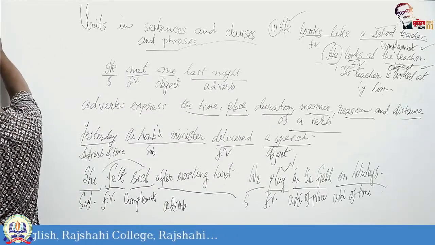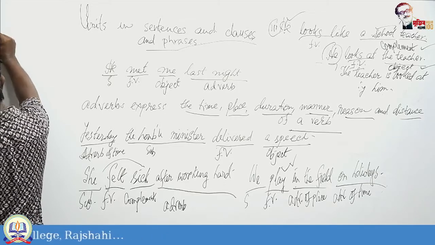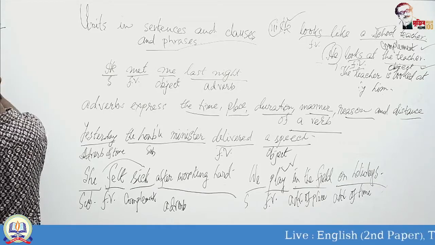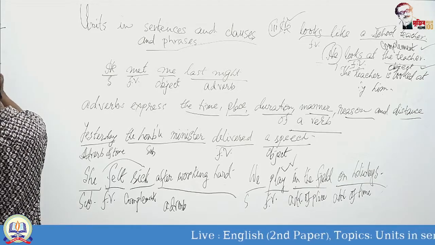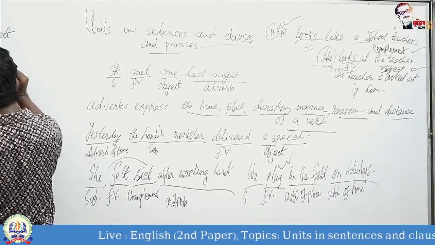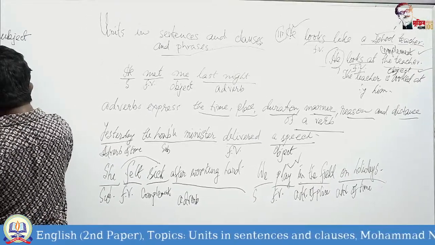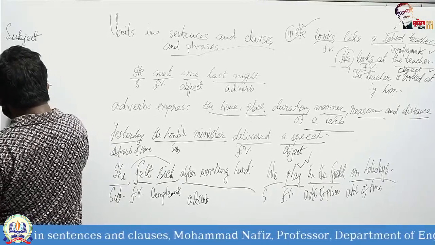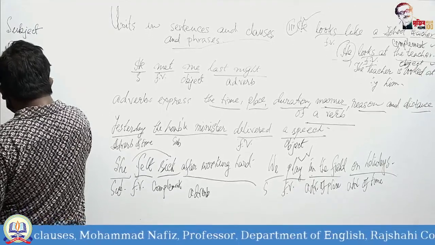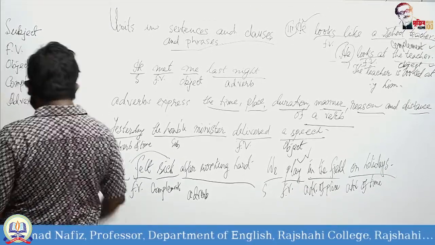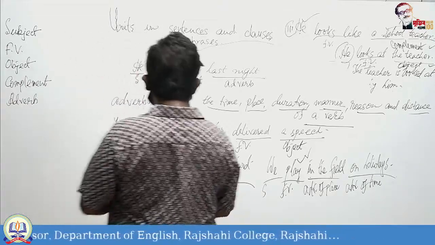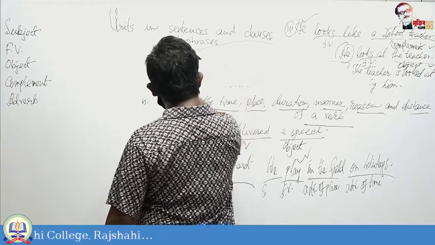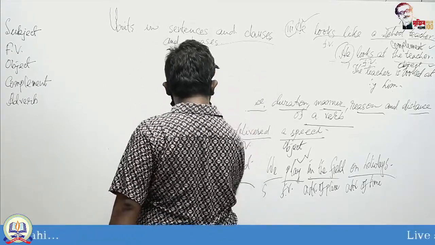We have got subject, finite verb, object, complement, adverb, and along with these, the non-finite verbs also make independent units in a sentence.